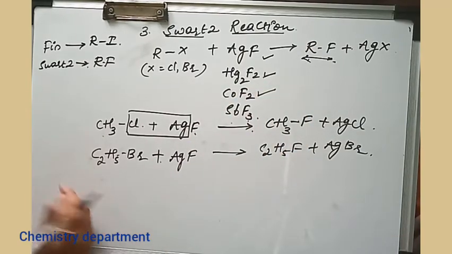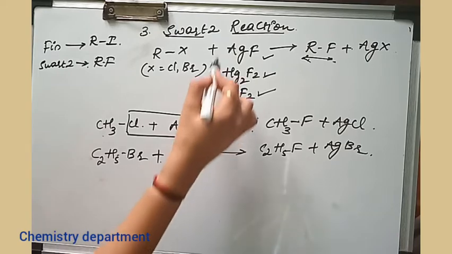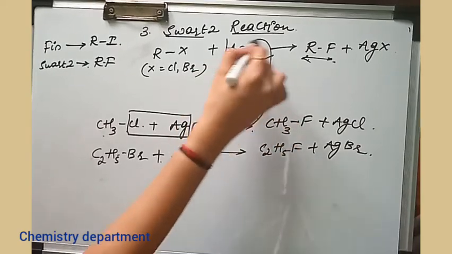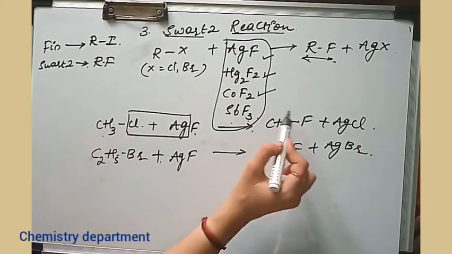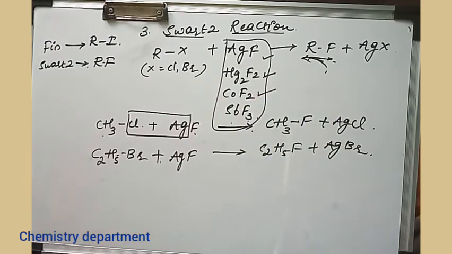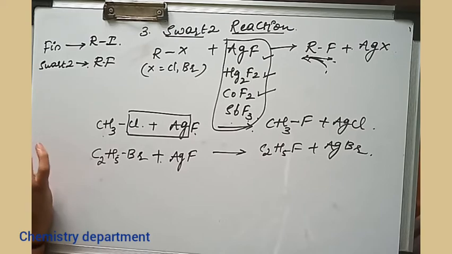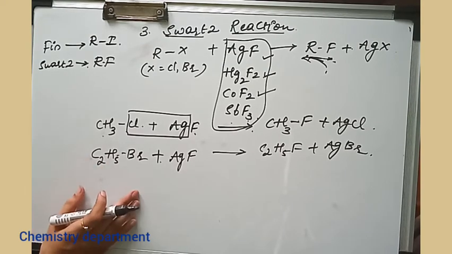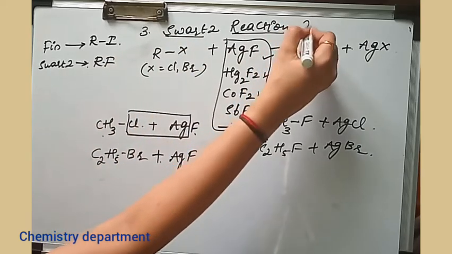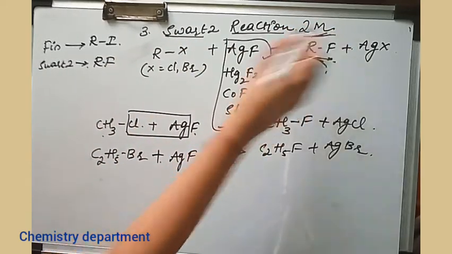Only in the Schwarz reaction can this be prepared. If we use any of these reagents, the product will be the respective fluorides. Okay, 2 marks questions will be asked, like write the preparation method for the Schwarz reaction or explain the Schwarz reaction. Important for 2 marks.